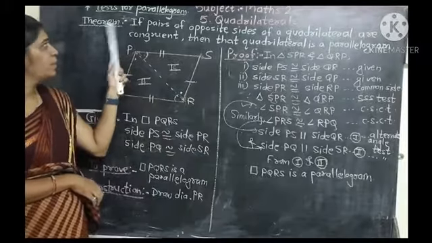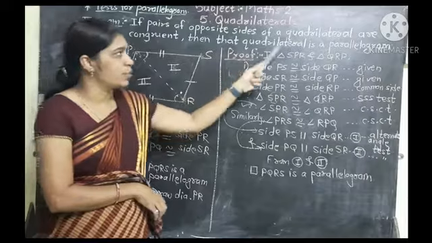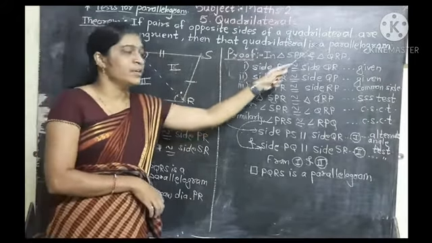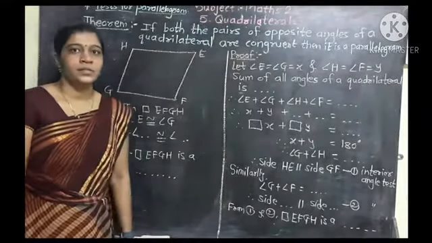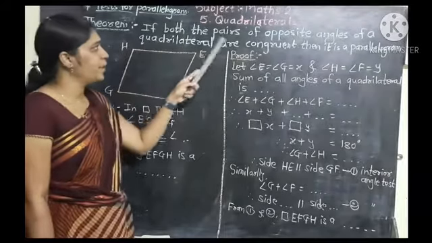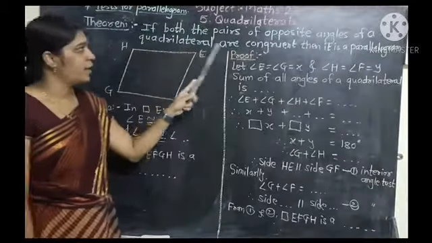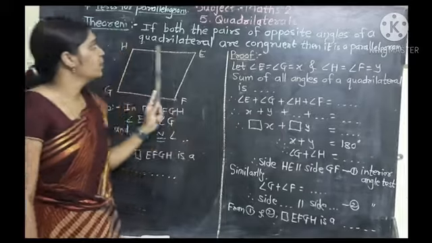So you remember this theorem statement: if pairs of opposite sides of a quadrilateral are congruent, then that quadrilateral is a parallelogram. Okay. So students, the second one here is, if both the pairs of opposite angles of a quadrilateral are congruent, then it is a parallelogram.